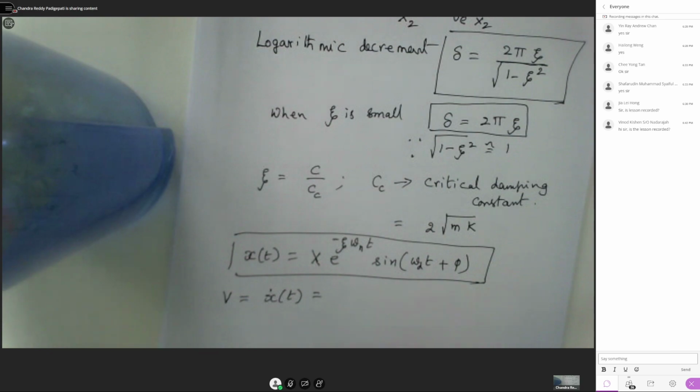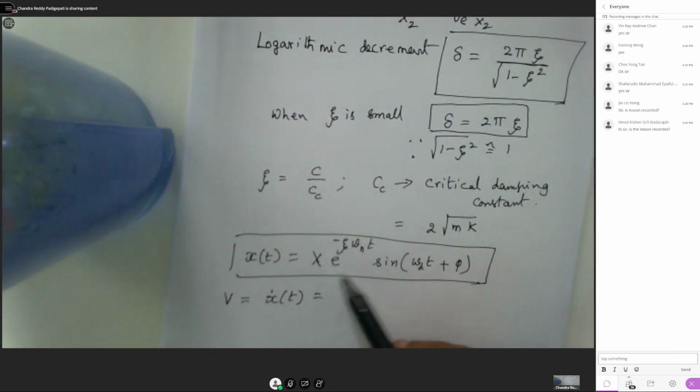So you need to apply the product rule here. There are two terms: X is a constant, then the exponential power, then the sine function. These are coming as a product, therefore you need to apply the product rule for differentiation.